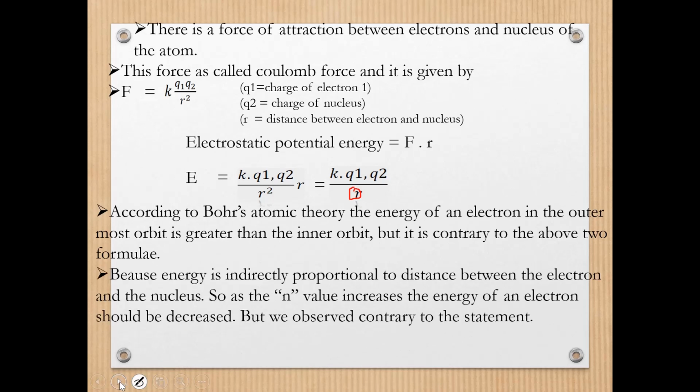This is contrary to the above formulae, because energy is inversely proportional to the distance between the electron and the nucleus. So as the n value increases, the energy of an electron should decrease, but we observe the contrary. Let me explain two statements which will give clarity.